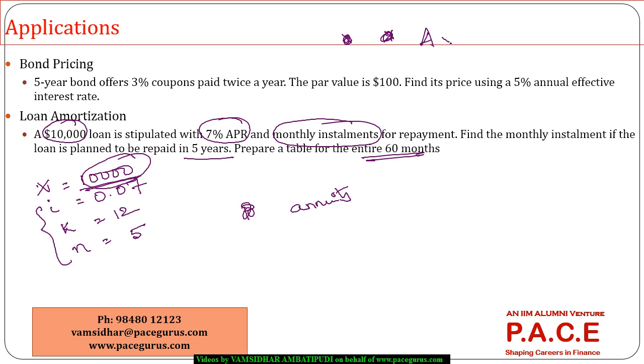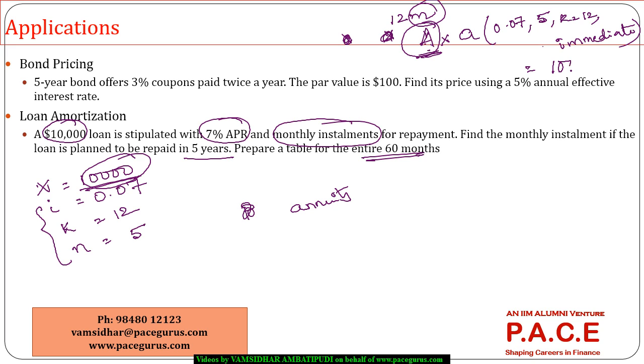This A value, when I'm multiplying it with the annuity factor, taking 0.07, 5 years, k equal to 12, immediate kind of scenario, so this A value multiplied with this. Now this A is the total yearly amount. Now we are asking for a monthly amount. So this A I am calling 12M, where M is the monthly amount. So 12M multiplied by this annuity factor will be equal to 10,000.